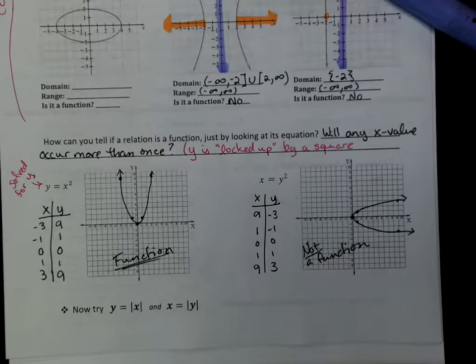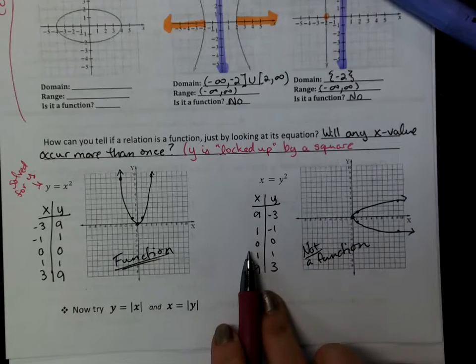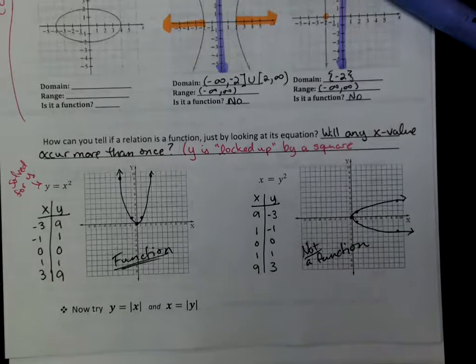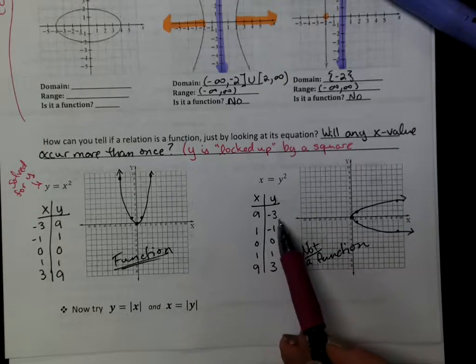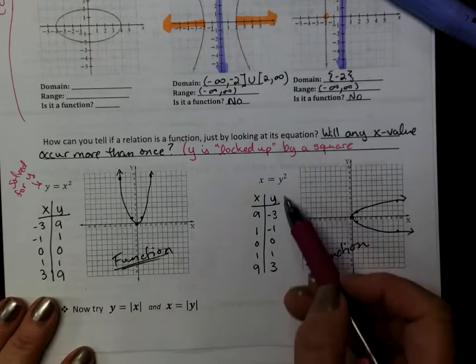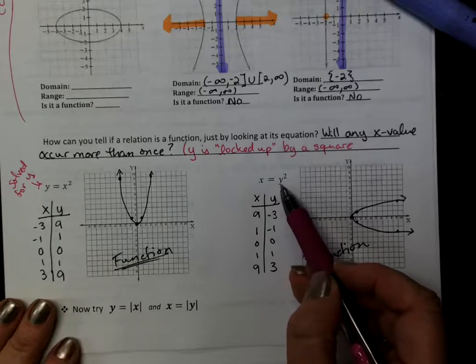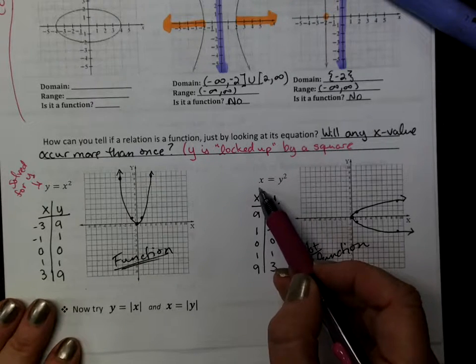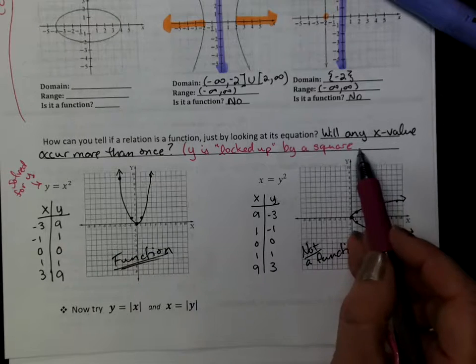So you square 6 and negative 6, both of them are going to spit out positive 36. And that is your x value that's being spit out, it will be repeated. Because 36 results from both negative 6 and positive 6, and so forth. So locked up by a square means two values of y are going to create the same x, repeated x's.